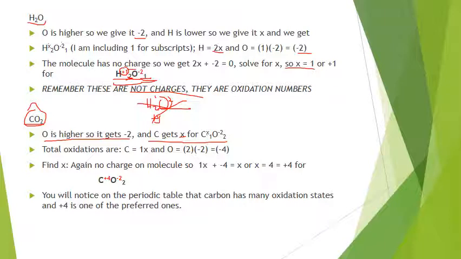Okay, if it had a charge, it might be something like that, but it doesn't. So to find x, it's going to be 1x plus -4 equals 0. Okay, then solve for x, and you get x equals 4, or plus 4.